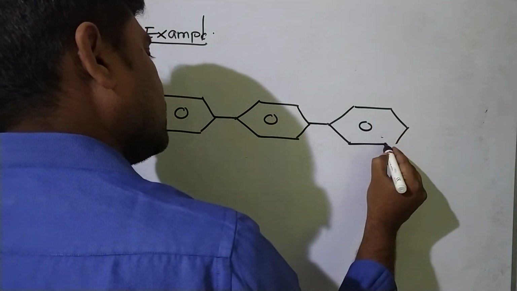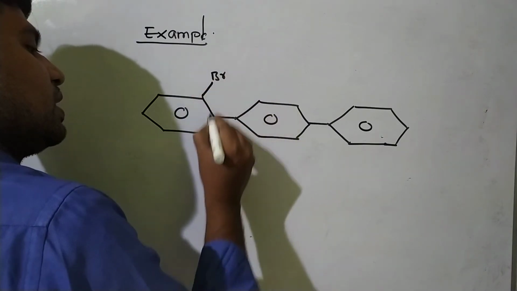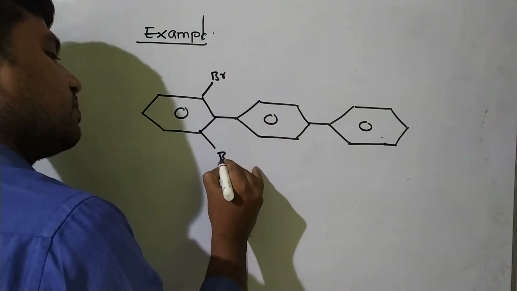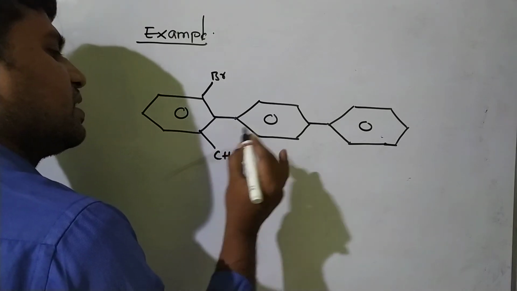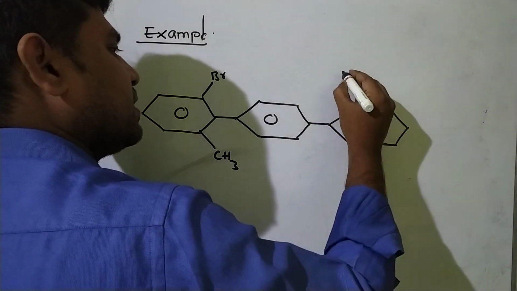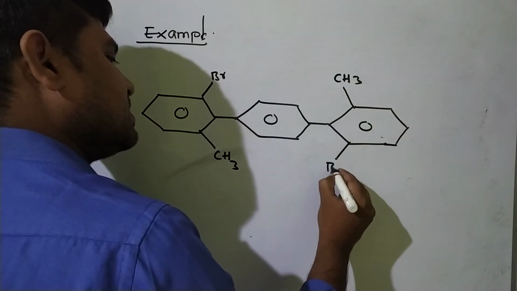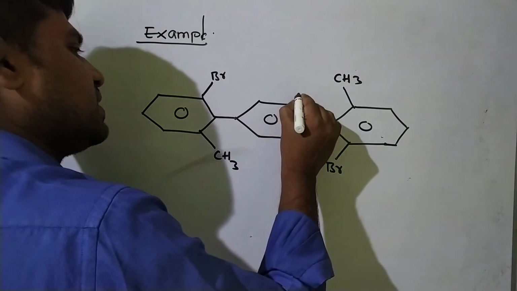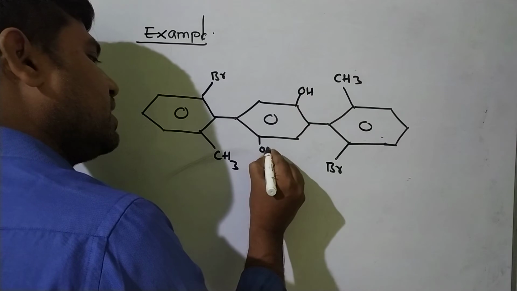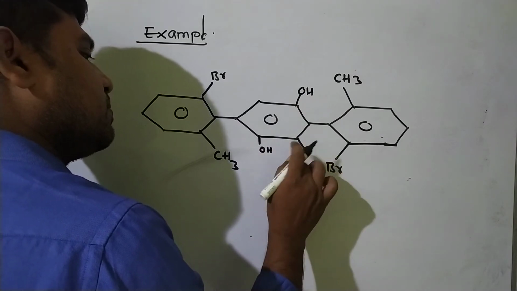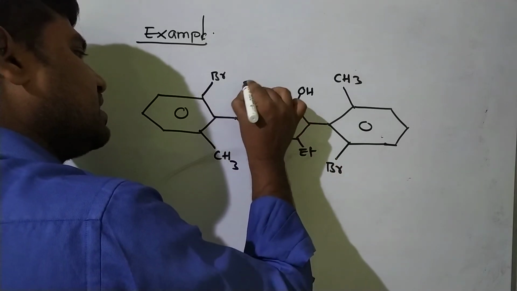Okay, students, here some bromine atom, here also a bromine atom, or some say it is methyl. Now here some methyl group is there, here a bromine atom is there. Here this is OH, again OH. This is some ethyl group, or again an ethyl group.